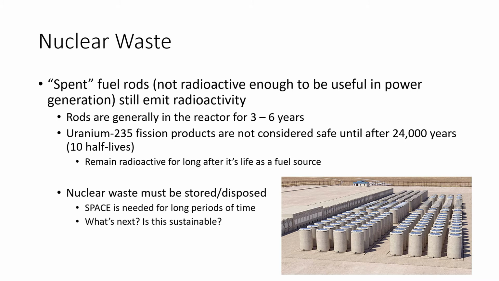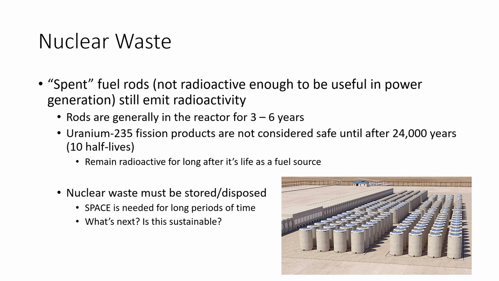And we're going through these rods about every 3 to 6 years. So we need a place to store them so that radioactivity isn't getting into our groundwater, getting into our surface water, just emitting out into the air and precipitating back down on us.